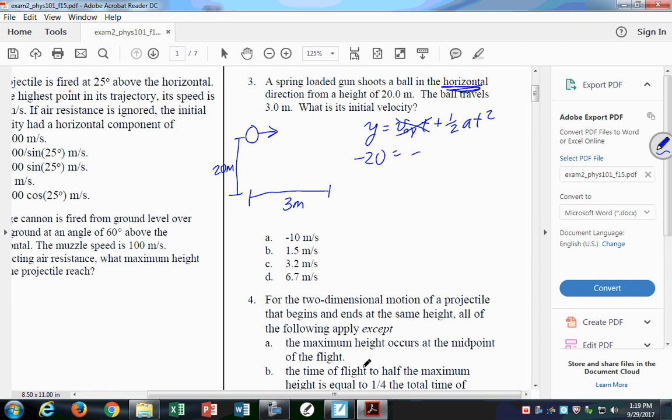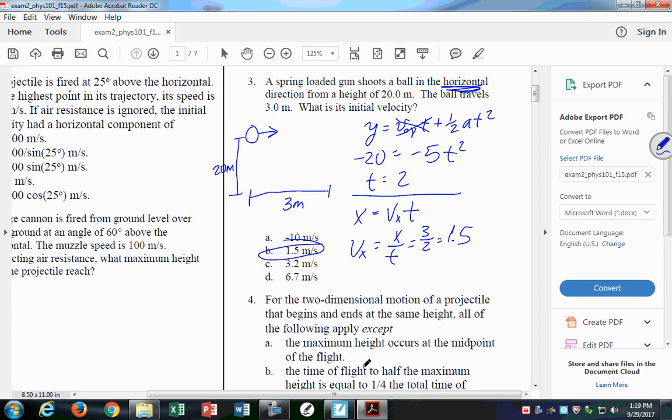So it takes 2 seconds to travel 3 meters. I say x is equal to vx t. Vx is x divided by t. That's going to be 3/2, which is 1.5. So that's a good example of variations on these. They're still similar problems, but they're slight variations on what we've been doing. Okay?